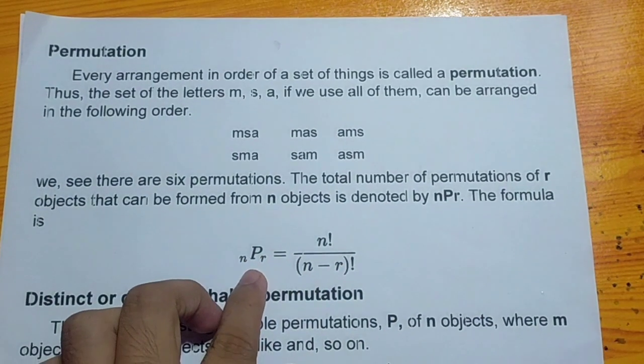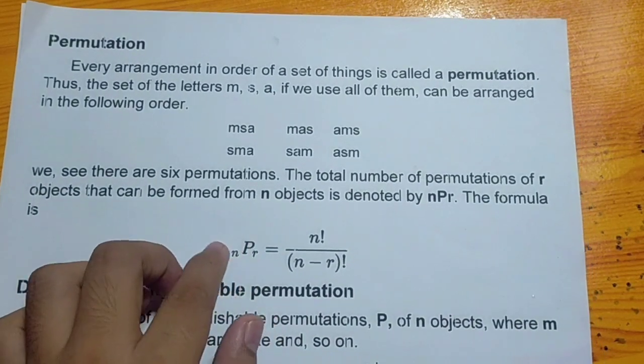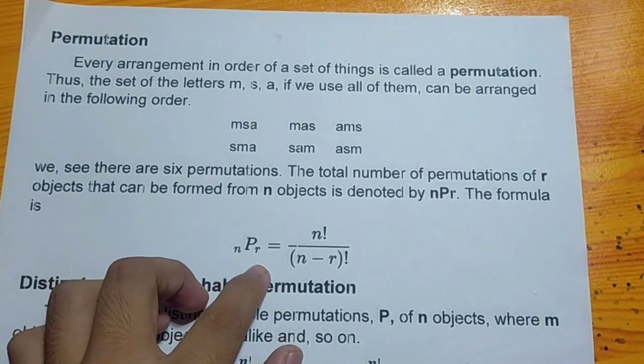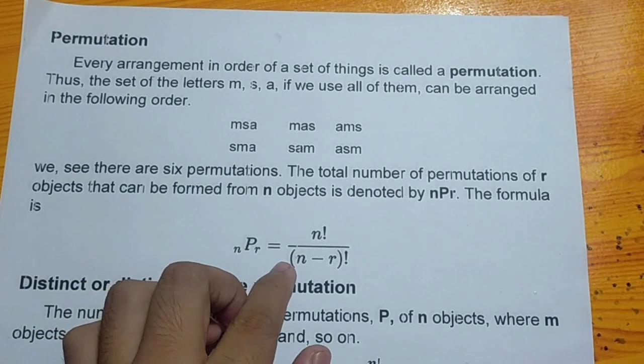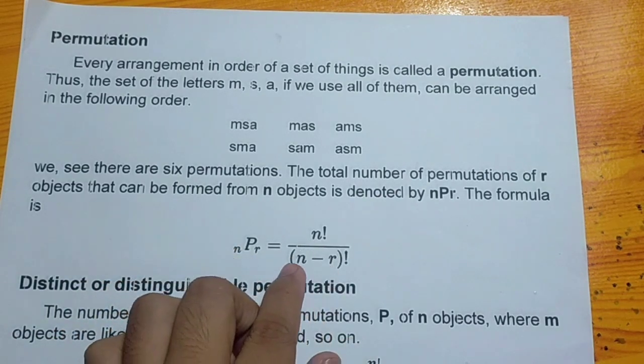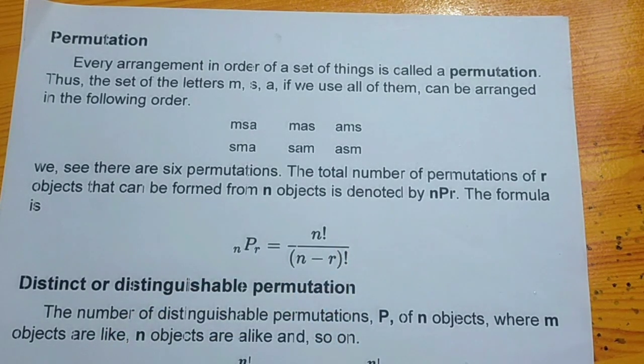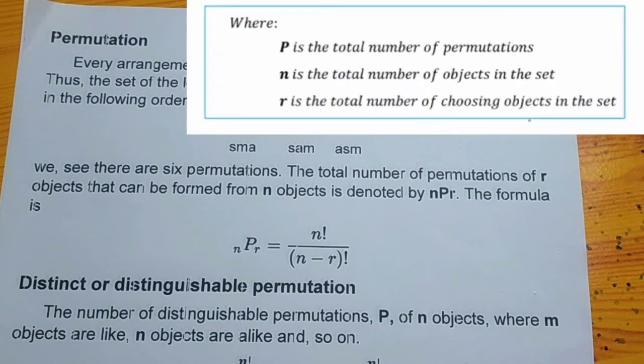So, this is read as: permutation of n taken r at a time is equal to n factorial over the quantity n minus r factorial. P is the total number of permutations. n is the total number of objects in the set. r is the total number of chosen objects in the set.